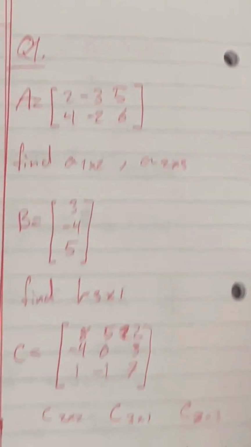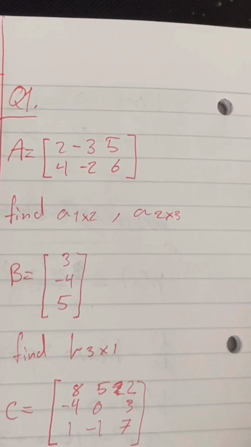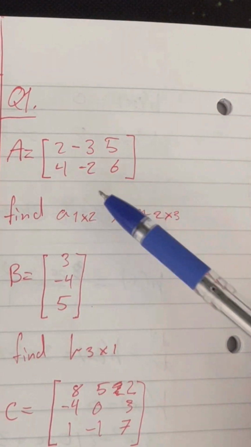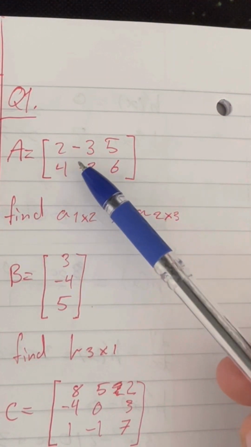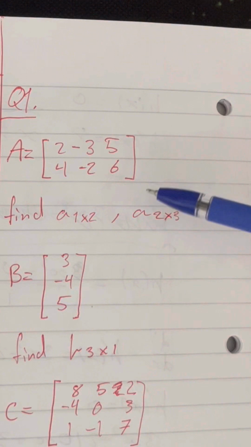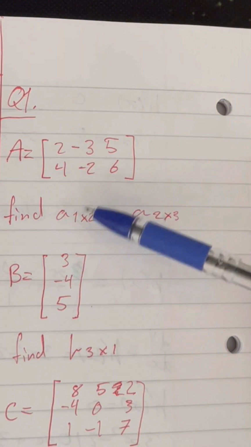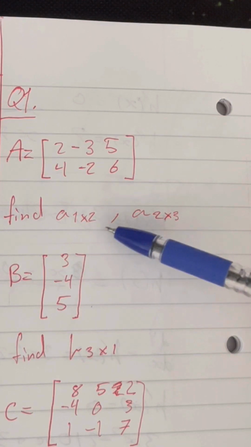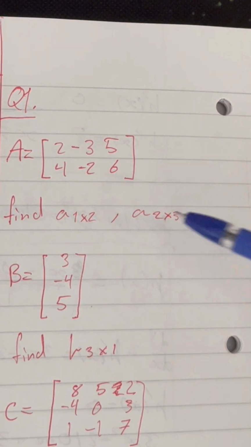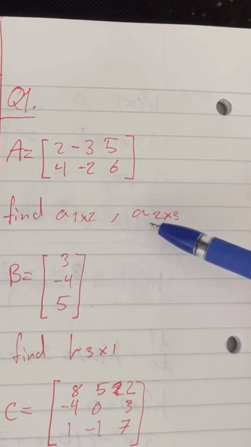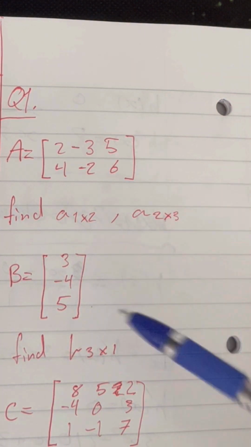Now, as an example, I'm going to give you example questions. We have a matrix A here. I want you to find the element in the first row and second column, and the element in the second row and third column.